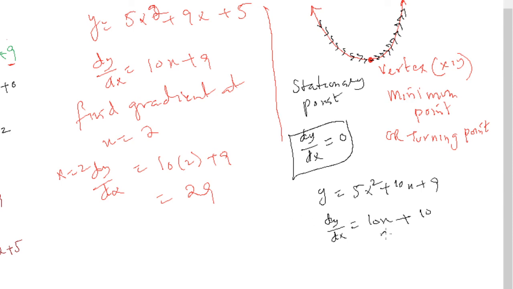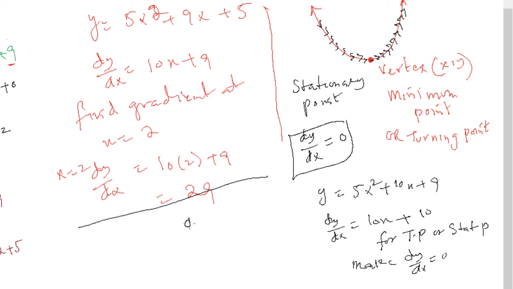To find the turning point or stationary point, I told you to make dy/dx equal to 0. So 10x plus 10 is equal to 0, and x becomes minus 1.